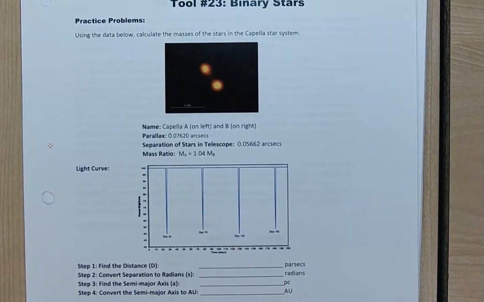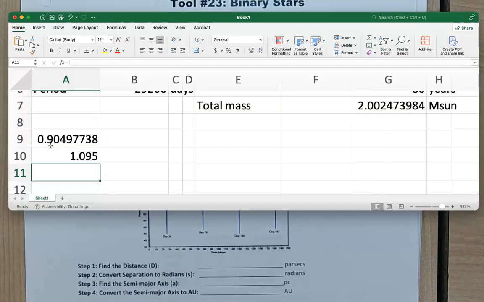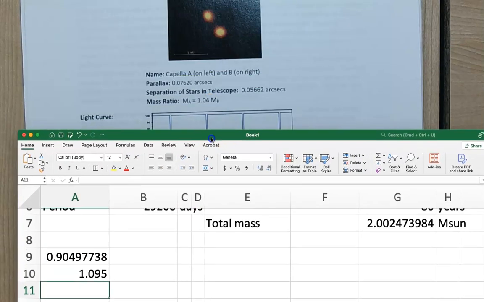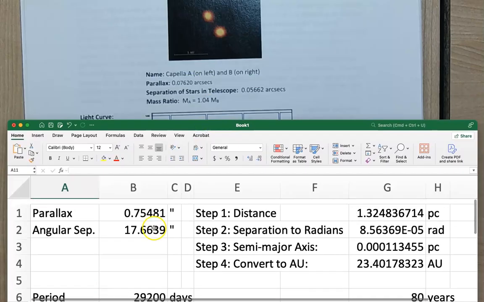Now that we've set up our spreadsheet, this will make quick work of this, all right? What if we're looking at the two stars in the Capella system? All right? Capella A and Capella B. If they have a parallax, I'm going to move this up and this down this time. All right.